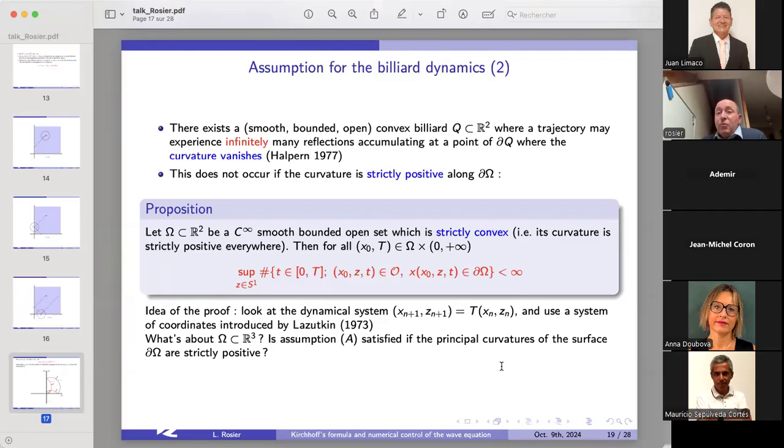So even if the domain is convex and smooth, you can have some problem. You can have infinitely many reflections around some point. So we have to be very careful.